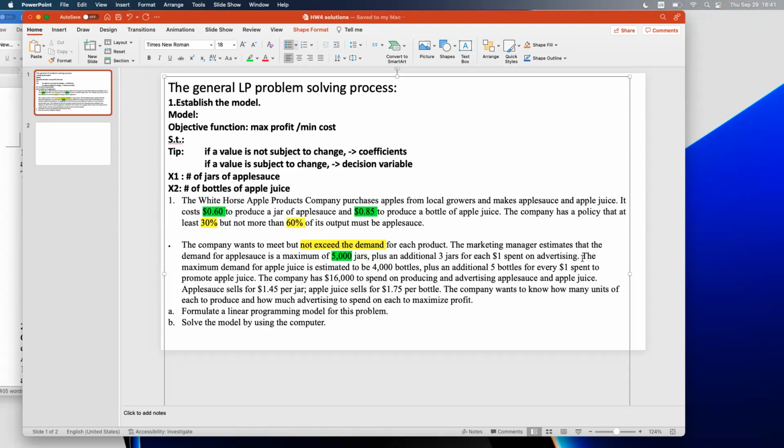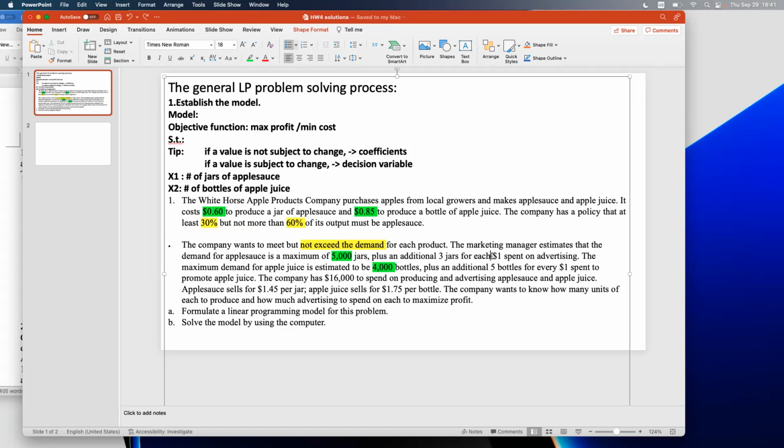And for the second one, the maximum demand for apple juice is estimated to be 4,000 bottles, plus an additional 5 bottles for every $1 spent to promote apple juice. So when you see the values, always think about that.